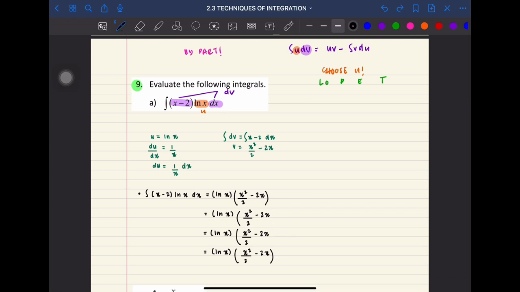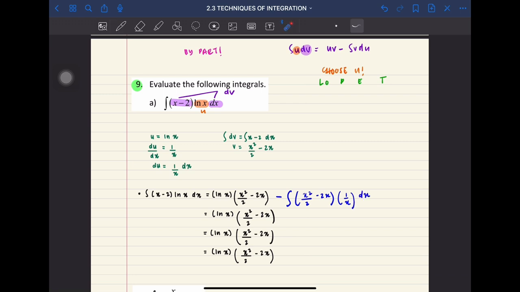Based on the formula, we have integral of u dv equal to uv, and then we minus the integral of v du. So we have x squared over 2 minus 2x, and our du is 1 over x dx.